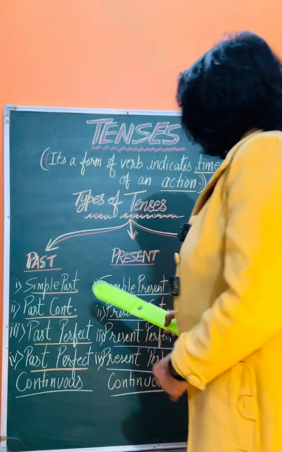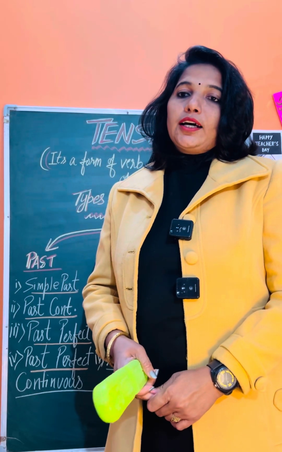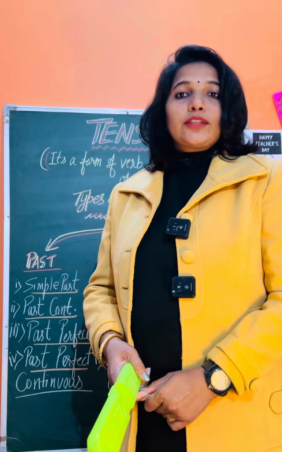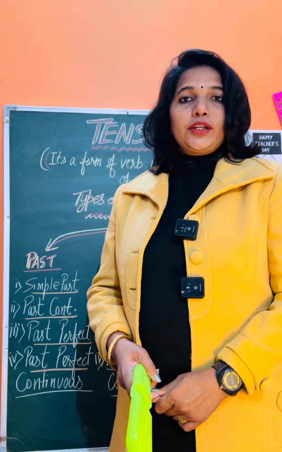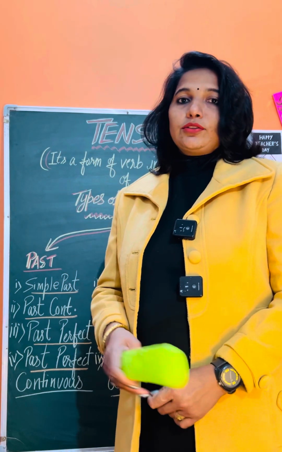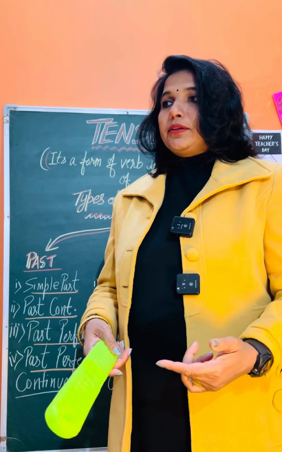Okay. Next is simple present. In simple present, your sentence formation will be subject plus verb's first form plus s or es, plus object. So likewise, I teach you English. Okay, so regularly I'm doing this, and it is my habit.